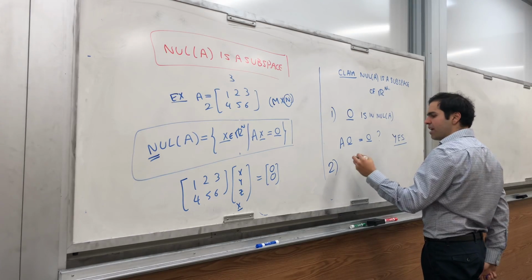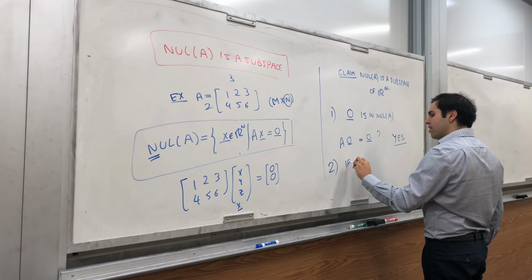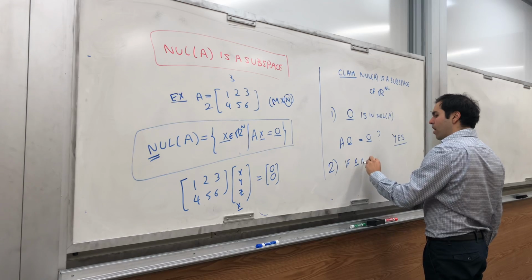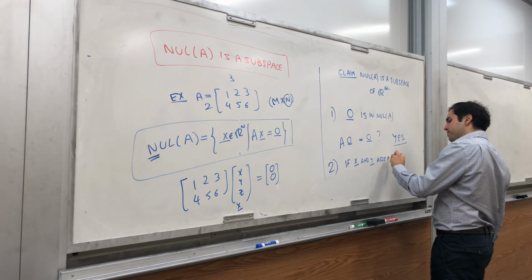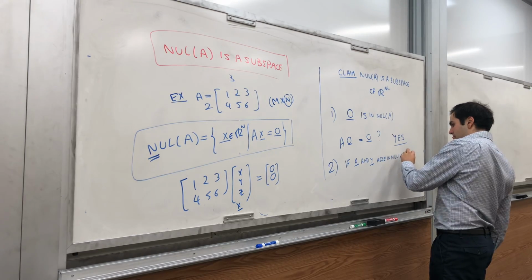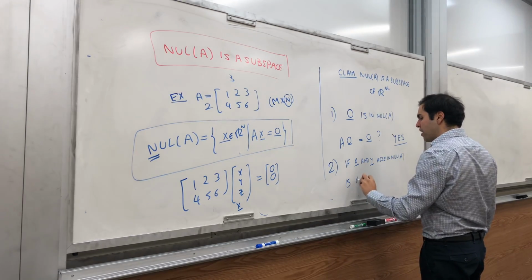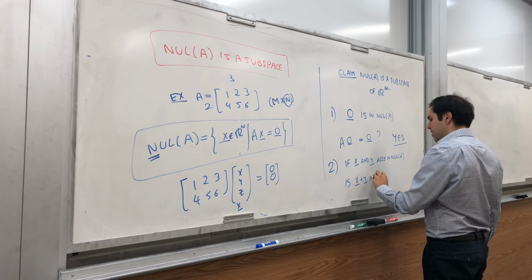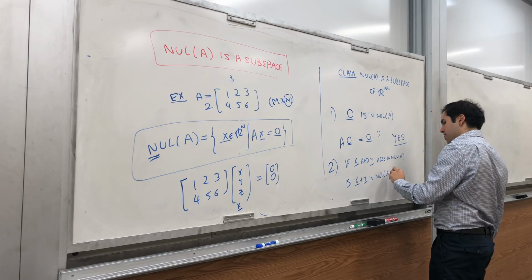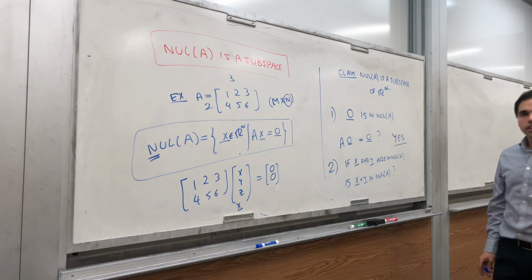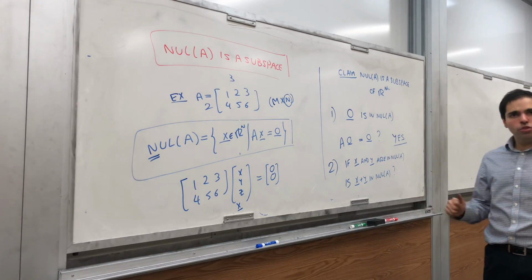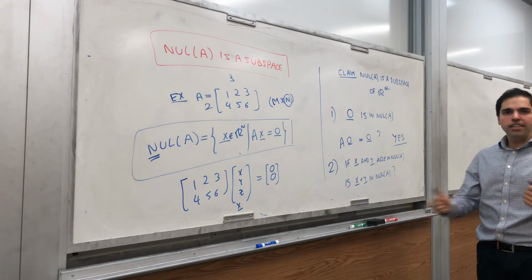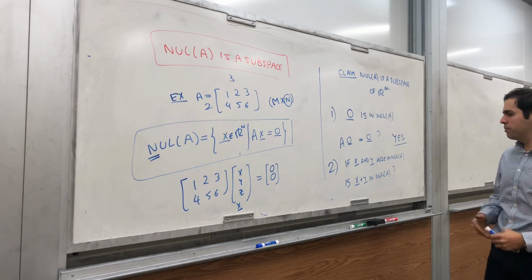The next thing is we have to show if, let's say, x and y are in null of A, is x plus y in null of A. So this is the second requirement of being a subspace. If you have 2 vectors in the subspace, is the sum still in the subspace?